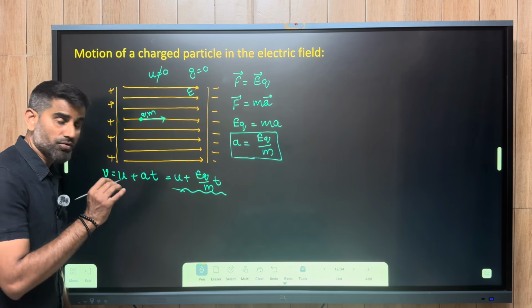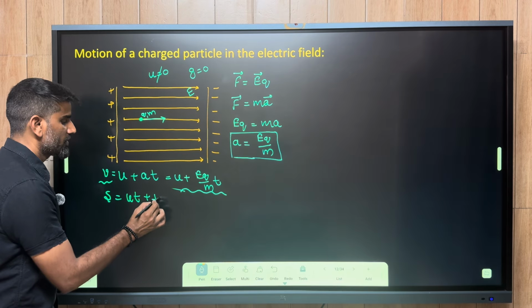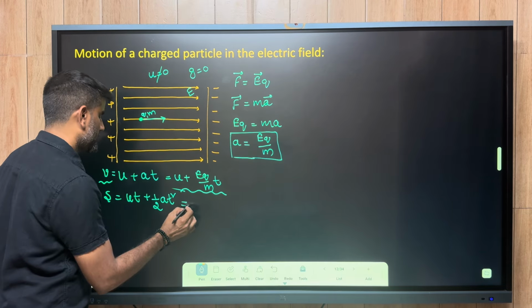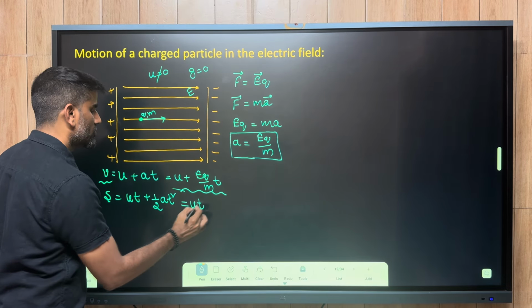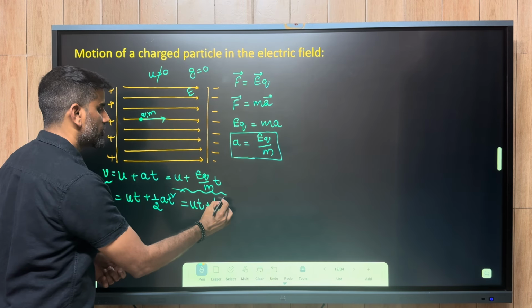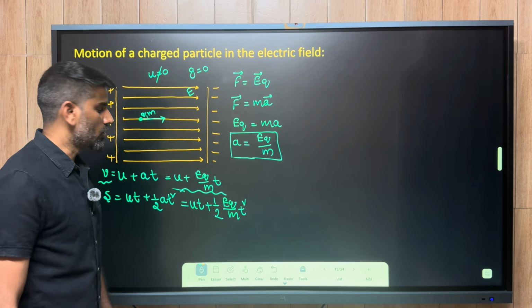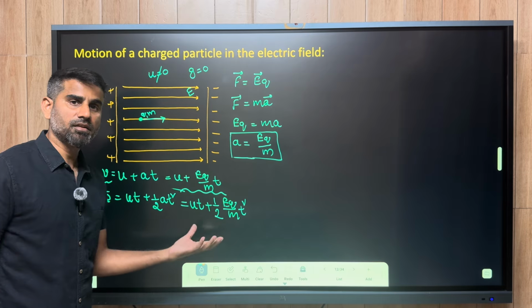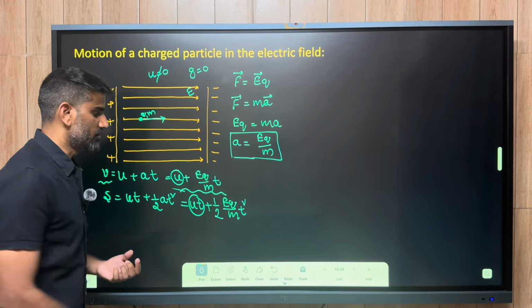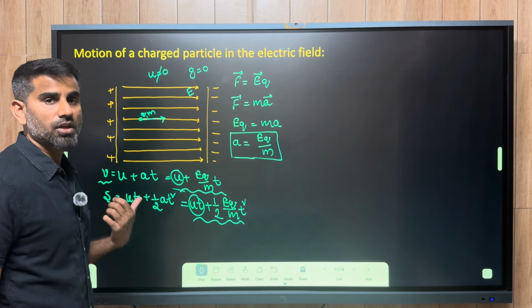Now if you want to write the equation for the displacement in time t, s is equal to ut plus half at square. In this case also u is not 0, so I am keeping ut as it is. Now half a is nothing but Eq by m, and t square. Again the equations are similar, but with this additional term. So these are the equations for the displacement as well as for the velocity.